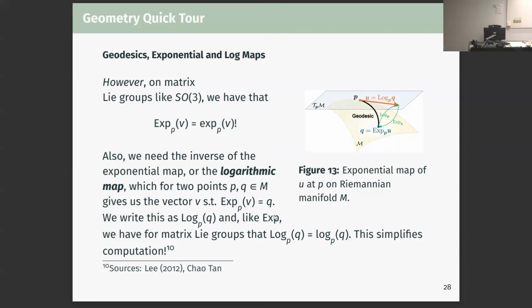So this is a rotation matrix, and after putting in that member of the tangent space of SO3 and exponentiating it, we get another rotation matrix. So it's a good way to trace out rotation matrices in SO3 with the use of just one vector.